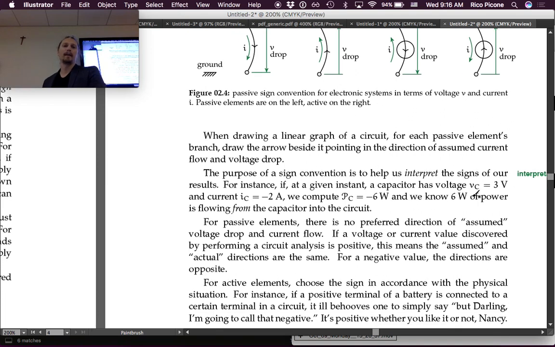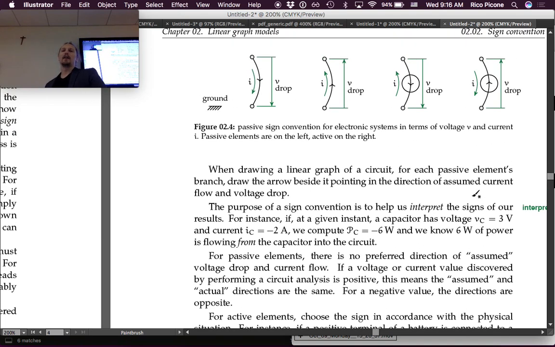Cool. So when drawing a linear graph of a circuit, for each passive element's branch, draw the arrow beside it pointing in the direction of assumed current flow and voltage drop. The purpose of a sign convention is to help us interpret the signs of our results.